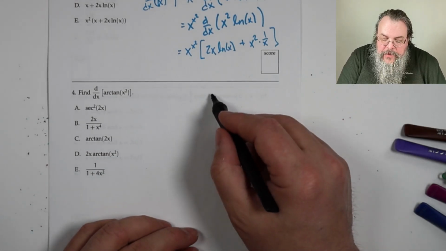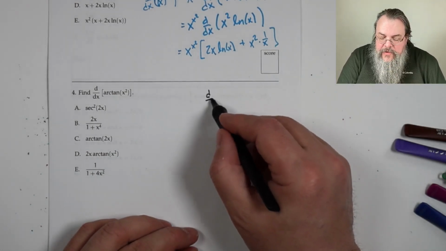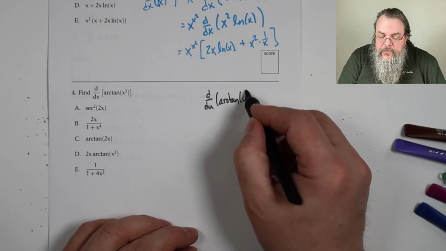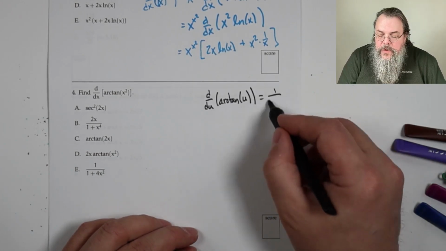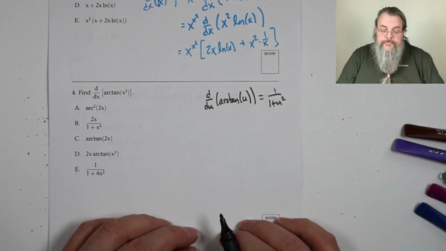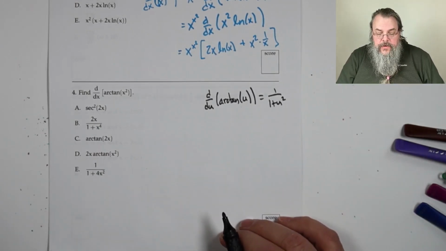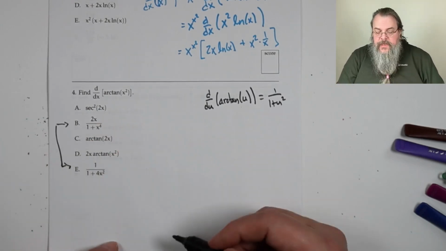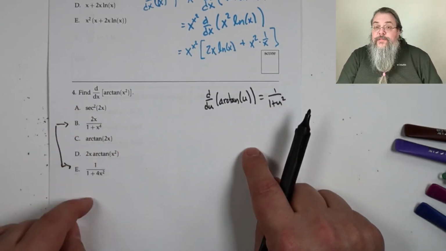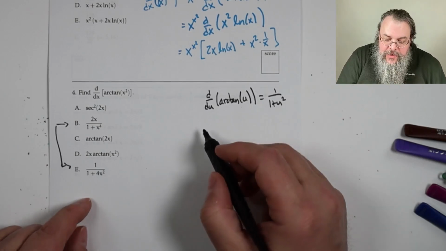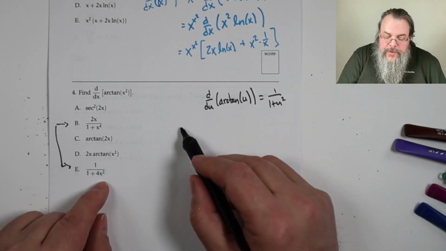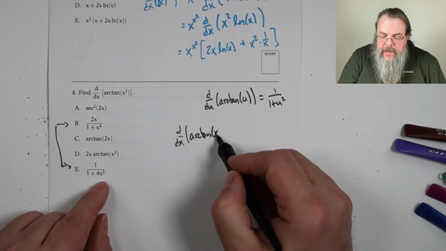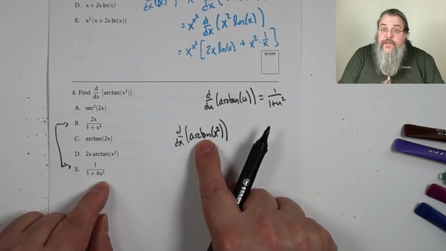So let's recall the derivative of arctangent. So let's say the derivative with respect to u of arctangent of u, well, that would be 1 over 1 plus u squared. Okay, so already we're suspicious it should be either b or e, because that's the only thing that has a 1 over 1 plus. Okay, so what's going to happen? Well, when we take the derivative of arctangent of x squared, we say, hey, chain rule, take the derivative of the outside.